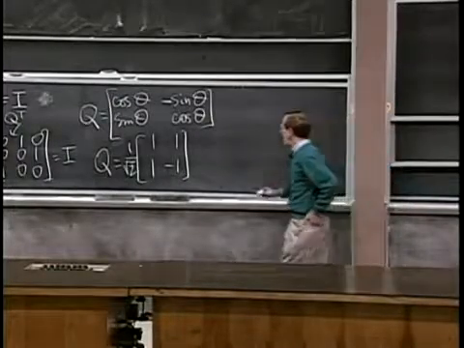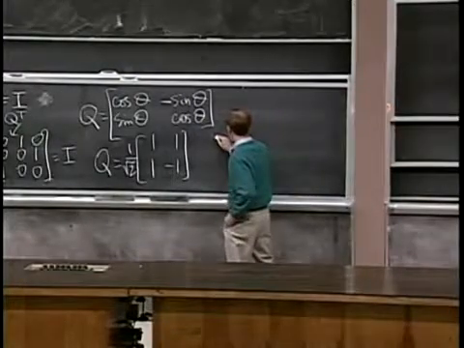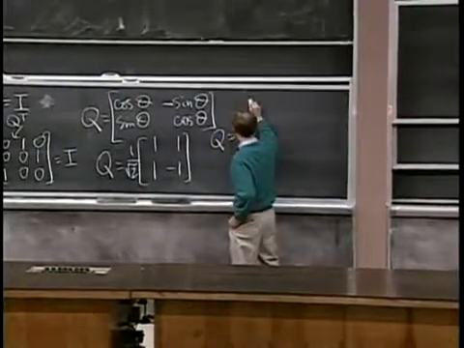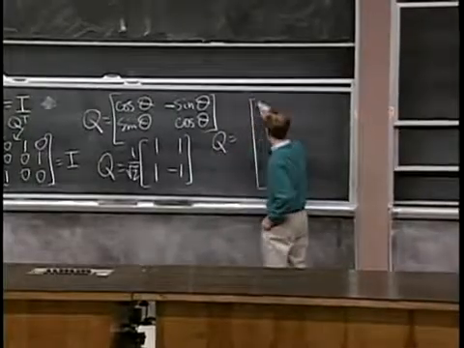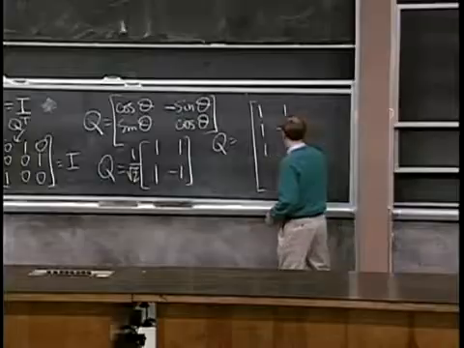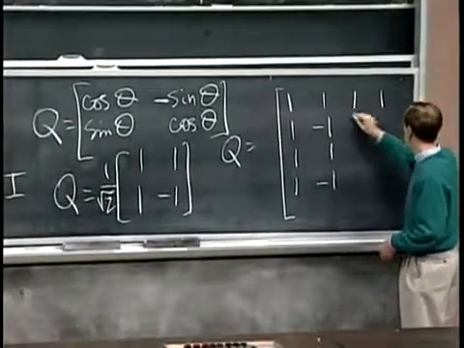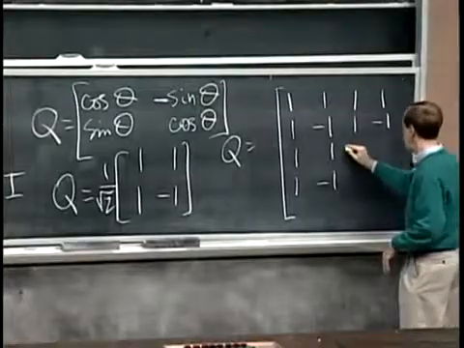Okay. Let me do one final example just to show that you can get bigger ones. Q equals, let me take that matrix up in the corner, and I'll repeat that pattern. Repeat it again, and then minus it down here.